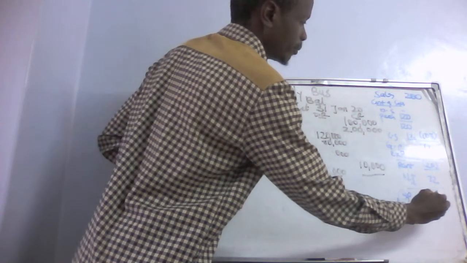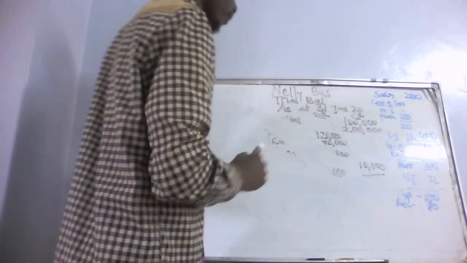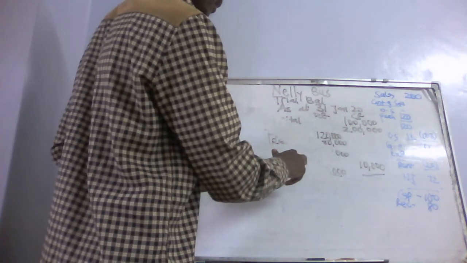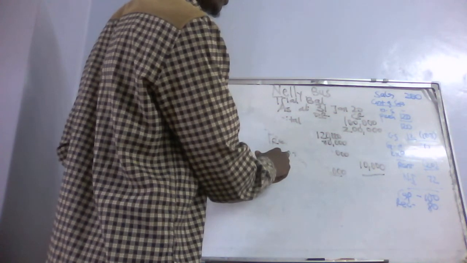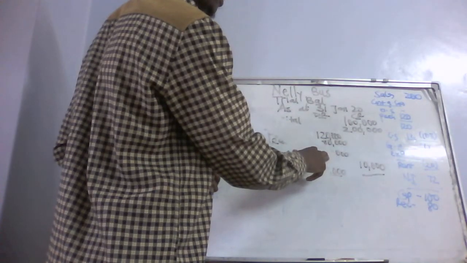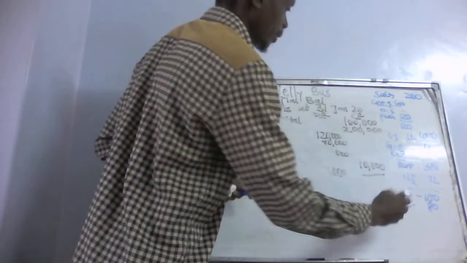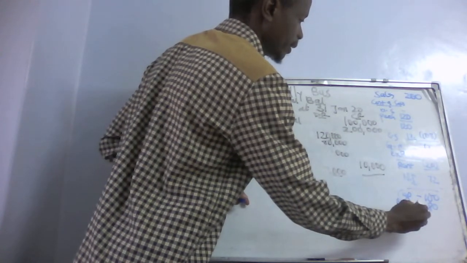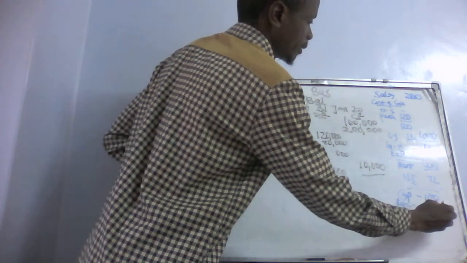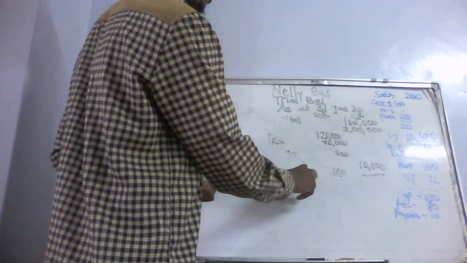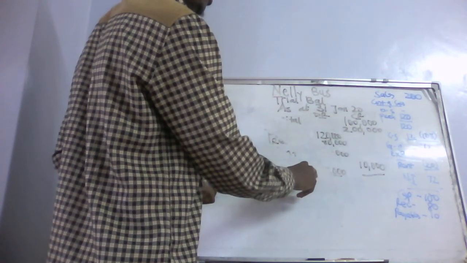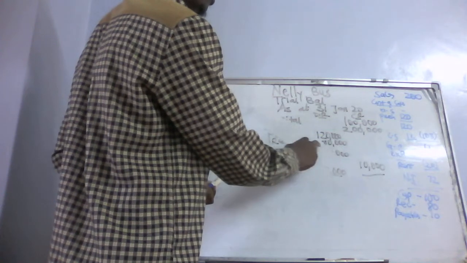Then receivables is 80,000, and then I have rent of 20,000, and then I have this 10,000 as payables. Payables is 10,000, and then bank was, I think, 90,000, because this was 310, this was 220, so bank was 90,000.